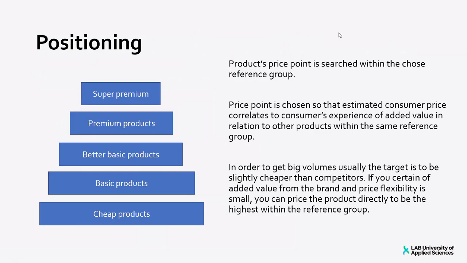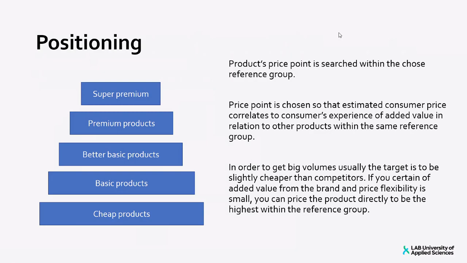Sometimes, or actually quite usually, if the companies think that their product belongs to this better basic product group, then they look at the reference group, their prices, and they might have the same features as the other better basic products, but then they aim the price point to be a bit lower than the competitors, just to get big volumes.